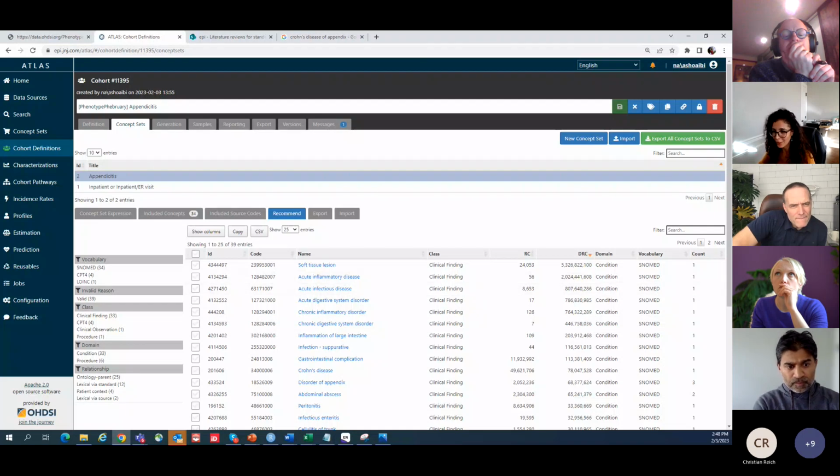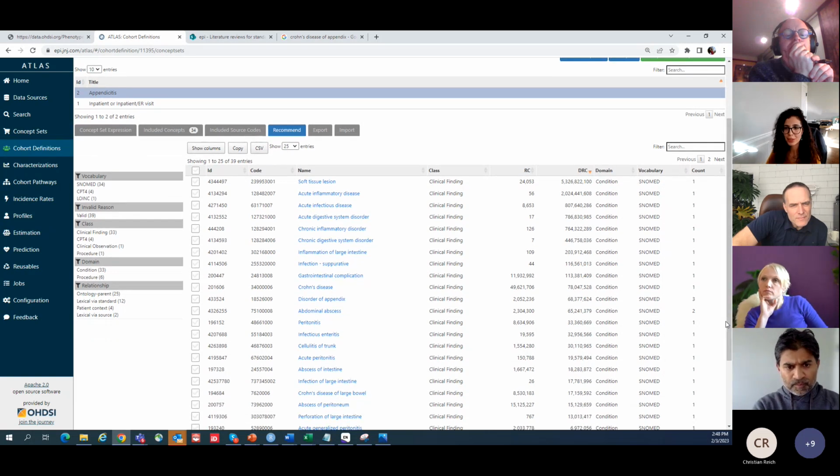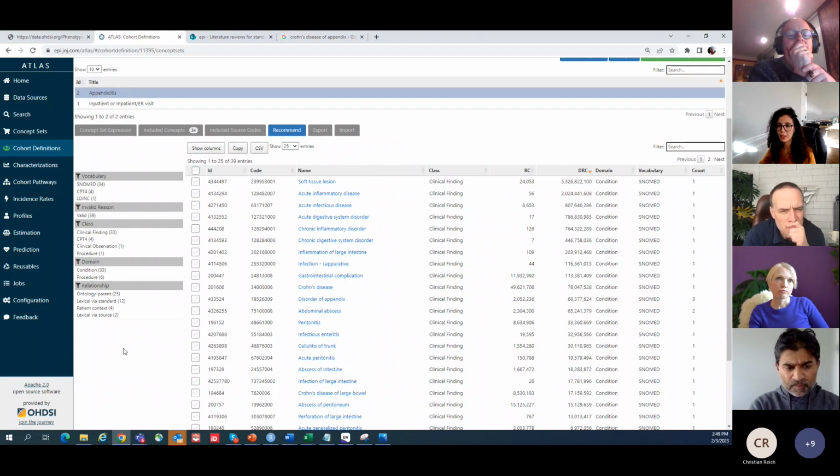If you haven't talked to Patrick or Anna lately, you should, because that's their new invention. What this is doing is taking the concept sets that were included and recommending codes that he may have missed. This is something somebody should do while developing their definition, but as a peer reviewer, I'm just making sure they did this and didn't miss anything. So I'm looking at the recommendation system in this case.